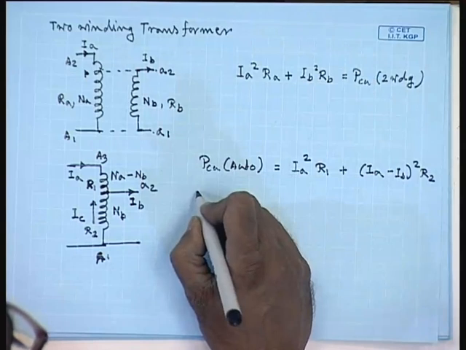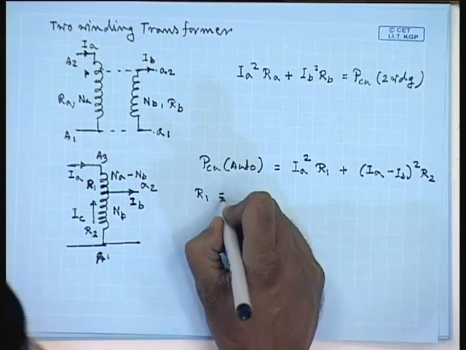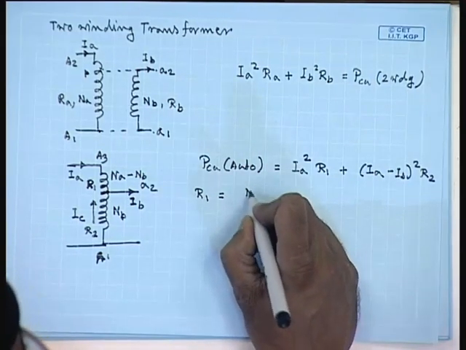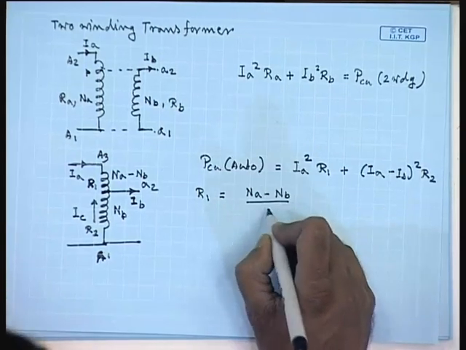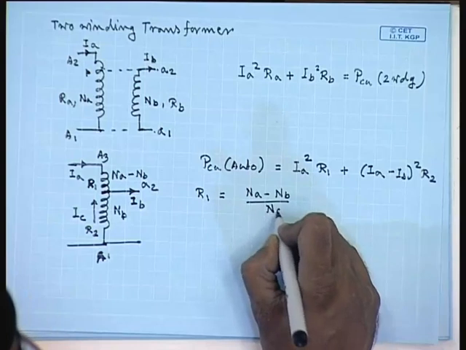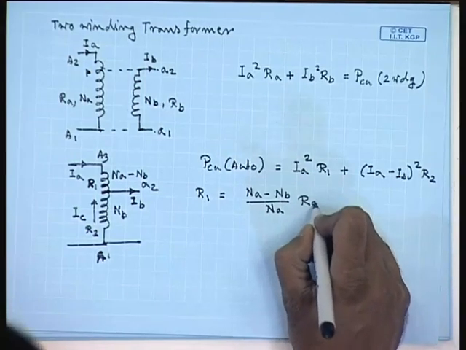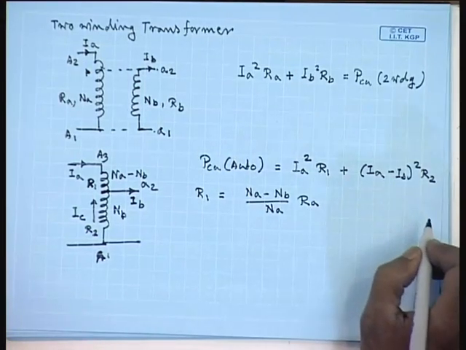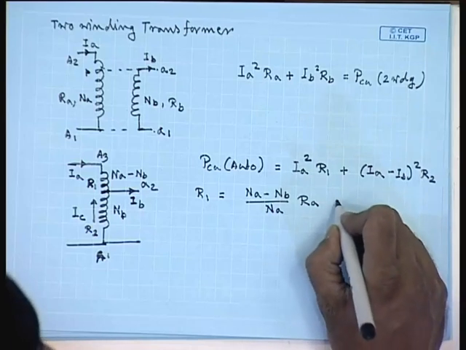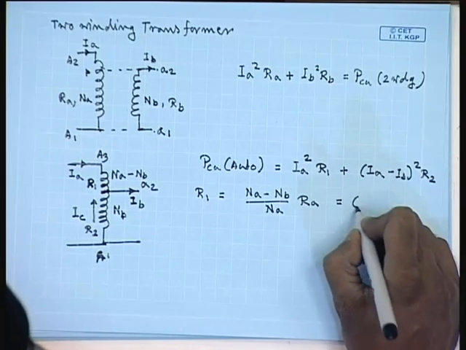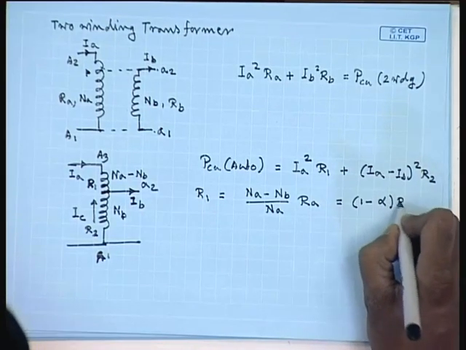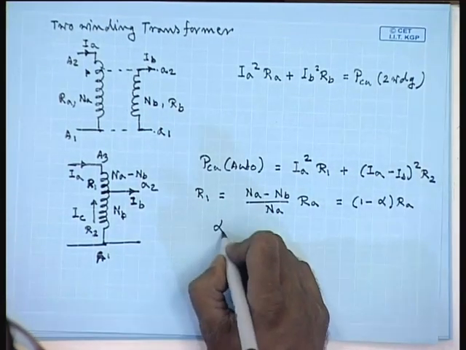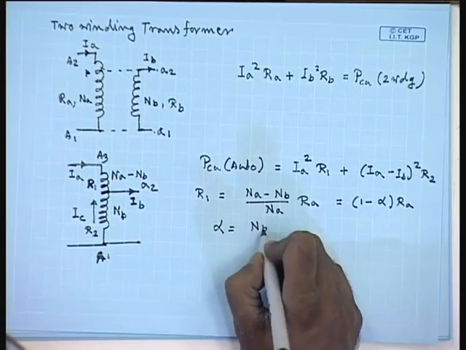Therefore, R1 can be written as NA minus NB divided by NA into RA, that is 1 minus alpha RA, where alpha equal to NB by NA.